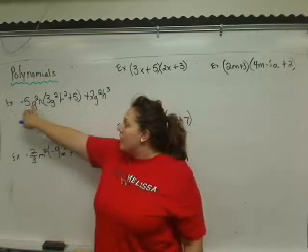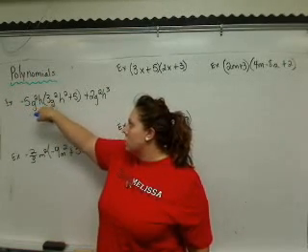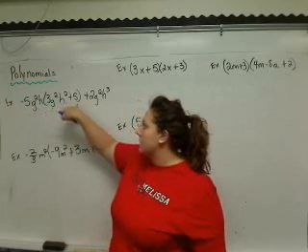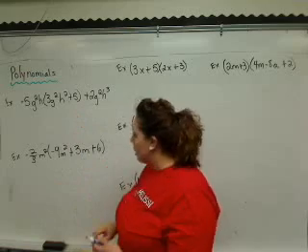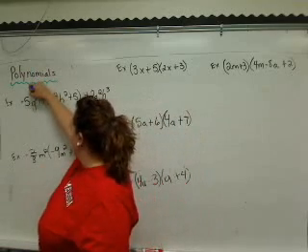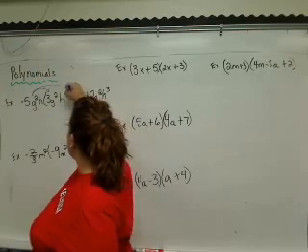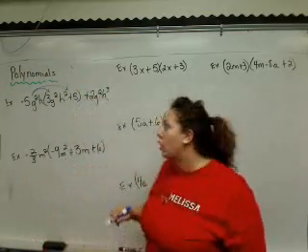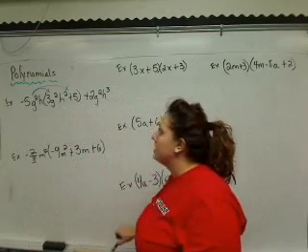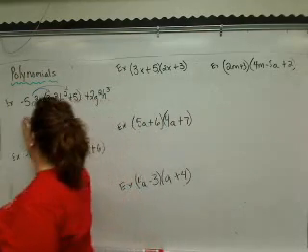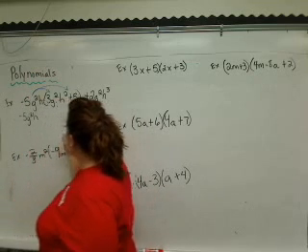So negative 5g squared h needs to be multiplied by 3g squared h squared plus, and also needs to be multiplied by 5, okay? So I draw my arrows to show it needs to be multiplied by that, and it needs to be multiplied by that, to show I need to be doing two steps here, all right? So that means my negative 5g squared h is going to have to be written twice, okay?